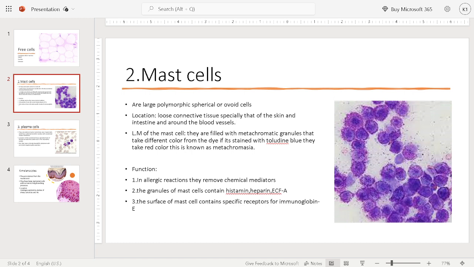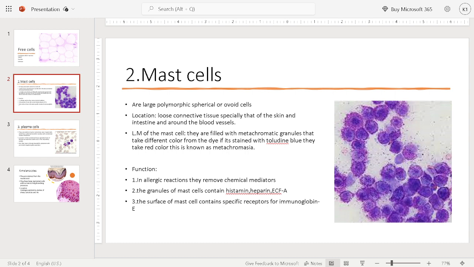What is the function? What do mast cells do in our body? In allergic reactions, they release chemical mediators. The granules of the mast cell contain histamine and heparin with ECFA, eosinophilic chemotactic factor of anaphylaxis.